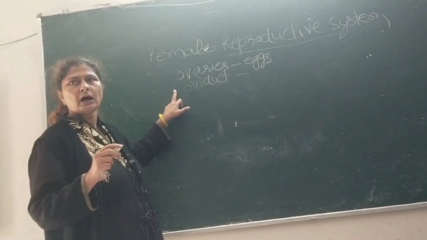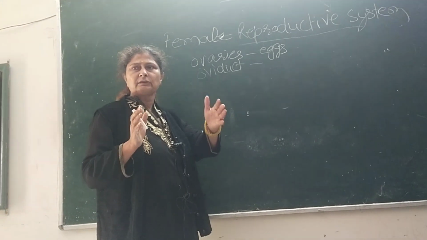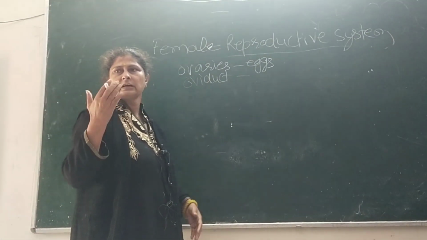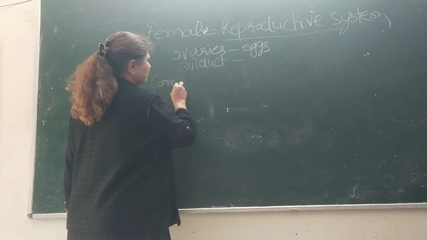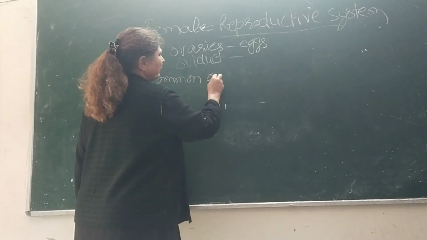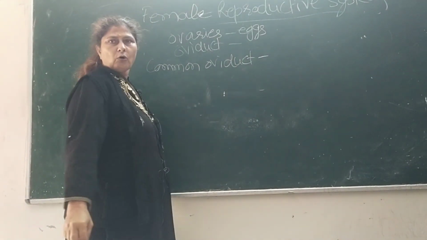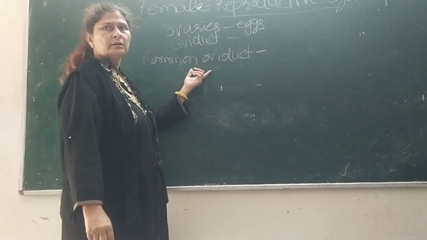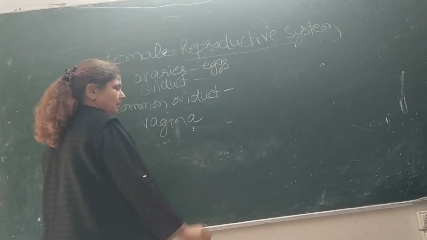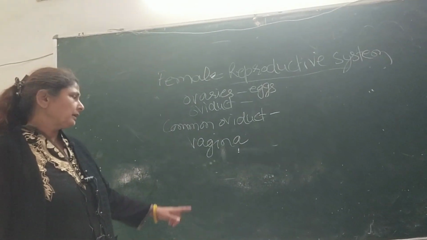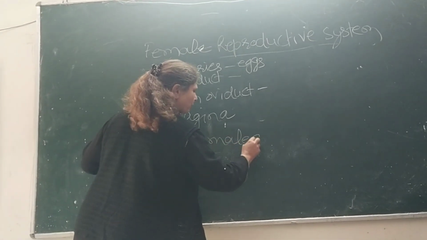When these two oviducts, one on the left and the other on the right, meet, they form the common oviduct. After that, from the common oviduct, there is the vagina, which opens by the female genital pore.